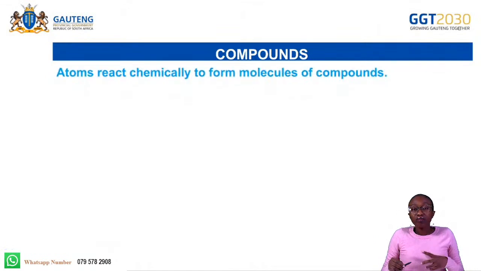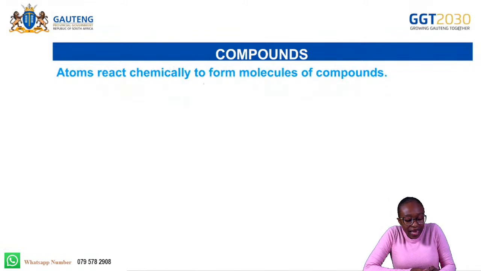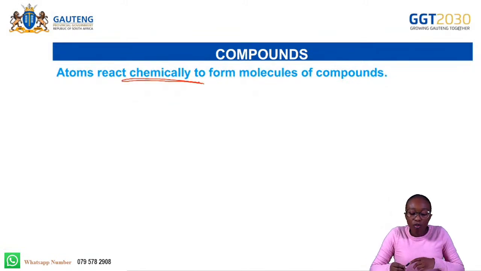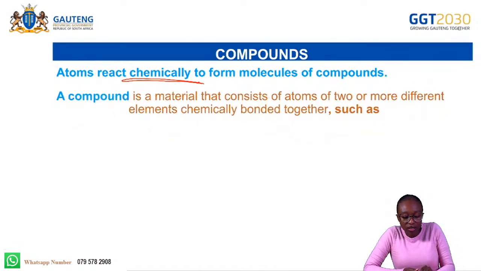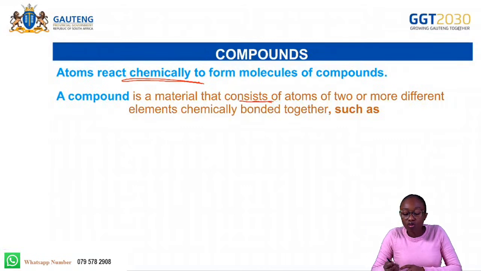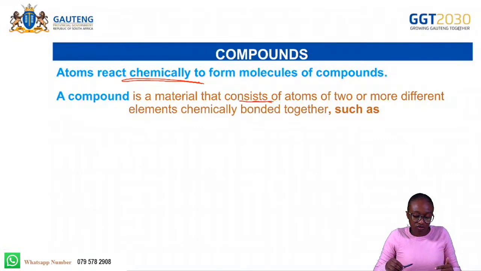Now, atoms react chemically to form molecules of compounds. We've already defined a compound as a material that consists of atoms of two or more different elements that are chemically bonded.